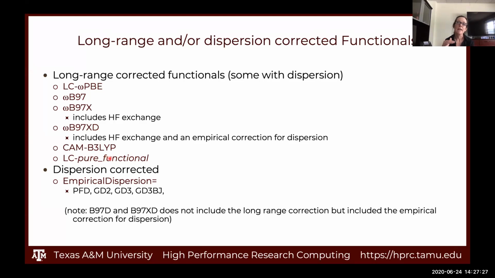So when you're choosing what functional you should use, generally you want to look in the literature, okay? Just like with a basis set, just like with whatever level of theory. But you should have a basic understanding of what that functional was designed for, okay? Especially if it's one of the more specialized functionals where you're adding on some corrections, okay?